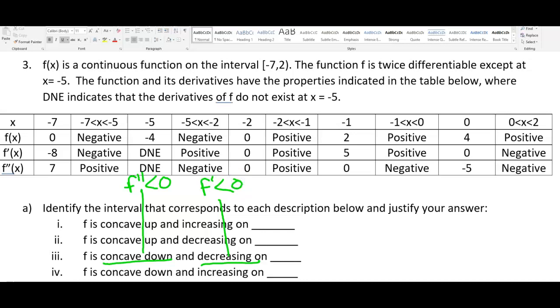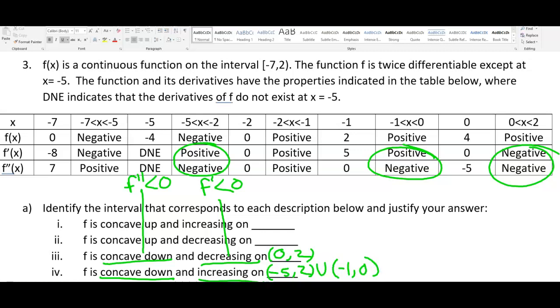So we're looking for double negatives here, and that would be here at 0 to 2. Last one, we're looking for where the second derivative is negative, but the first derivative is positive, and that would be right here and right here. So there's two answers for the last one. So -5 to 2, as well as -1 to 0.